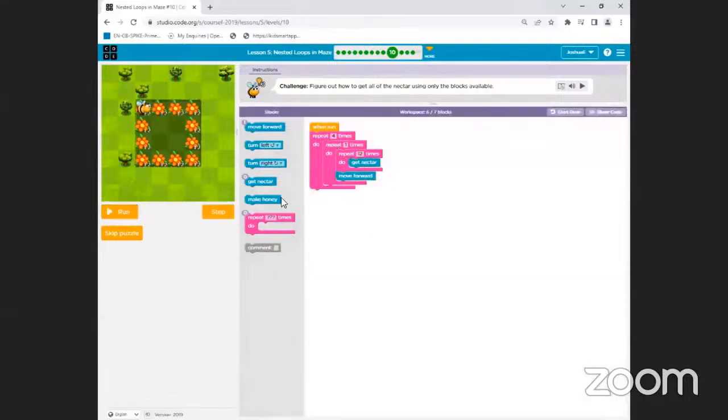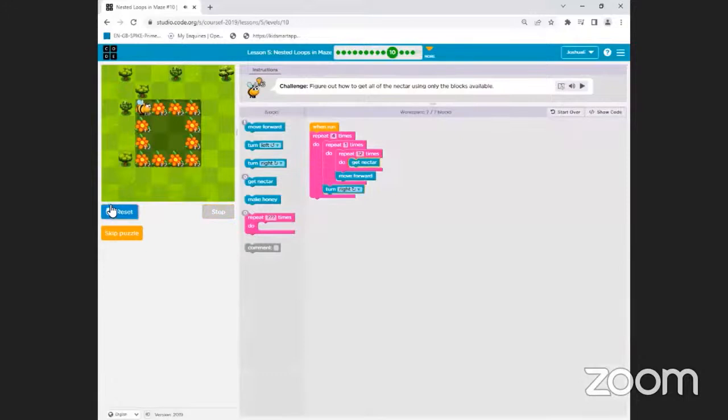So now that that's happened, it's then going to have to turn right. Let's see what that does.